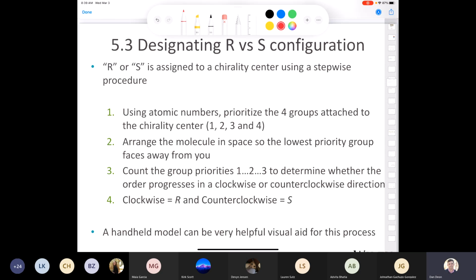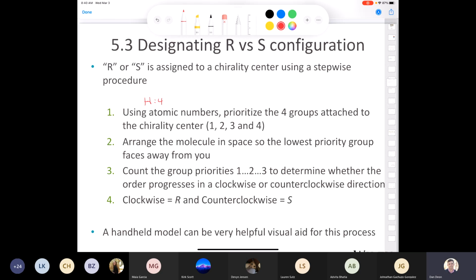The atom that has the highest atomic number is going to be the highest priority, and the atom with the lowest atomic number is going to be the lowest priority. So, for example, if you have a hydrogen, it's always going to be the lowest priority, 4. That's if you've got a hydrogen, and we're going to see that a lot.